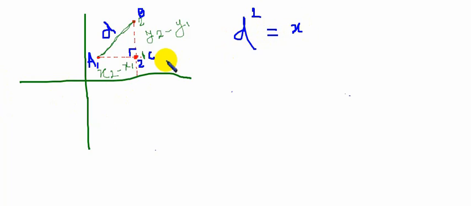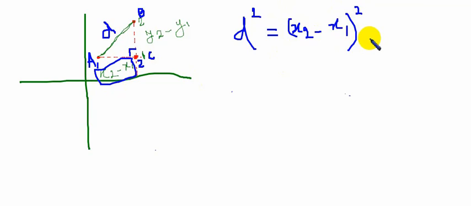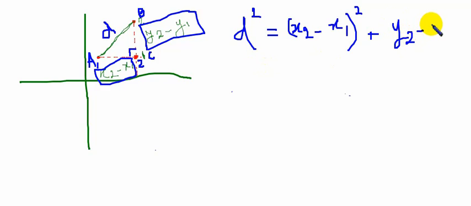Yes, a is your adjacent side, which is x2 minus x1, whole squared, and then plus the opposite side, b squared, which is y2 minus y1 in this case. So y2 minus y1 whole squared.